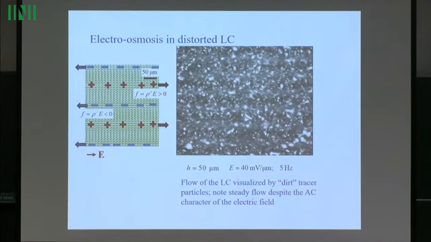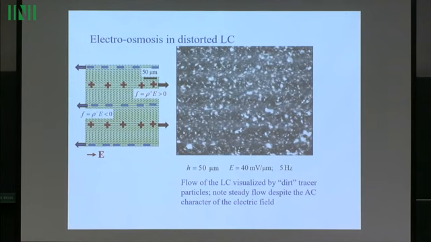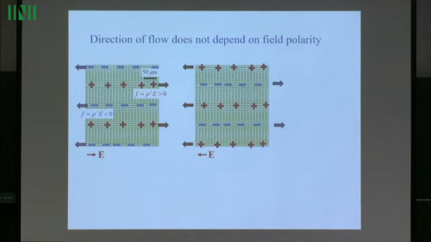The flow here is of 5 Hertz. That means it's AC electric field, and it's easy to understand. It's exactly the same thing as before, that the change in the polarity of the field doesn't change the direction of the flows.